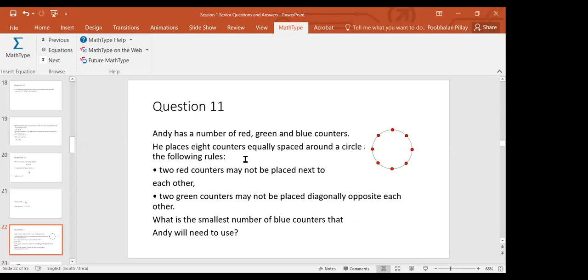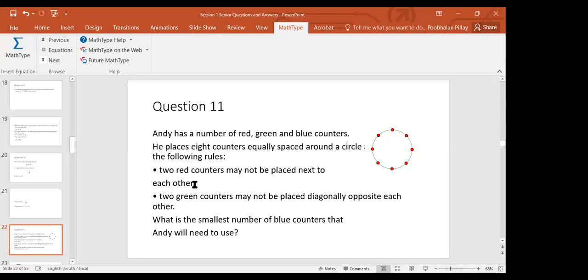He places these 8 counters equally spaced around a circle. This shows how they are placed, and if you count them, you see there are 8 counters. The colors are chosen from 3 different colors.